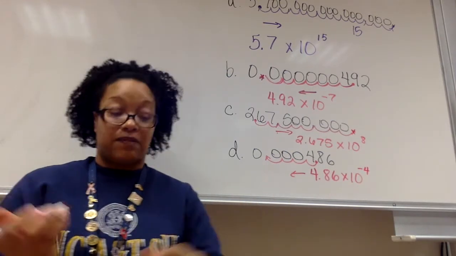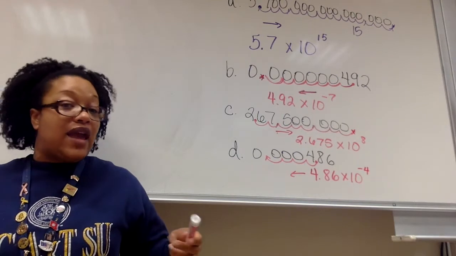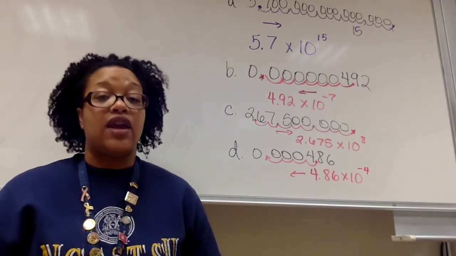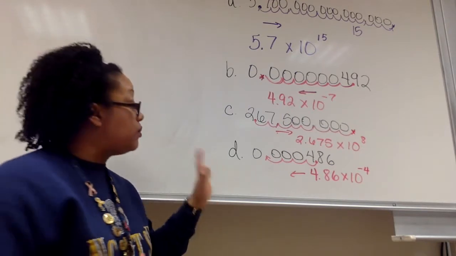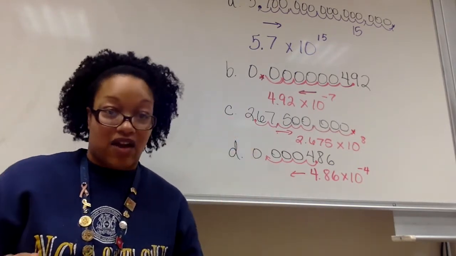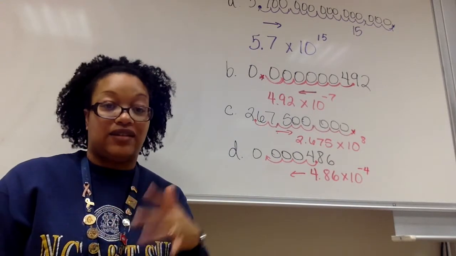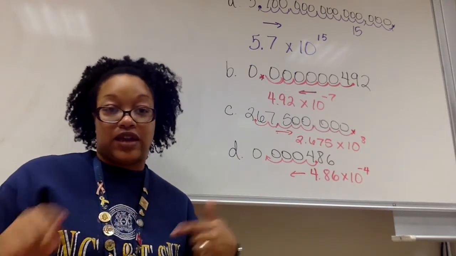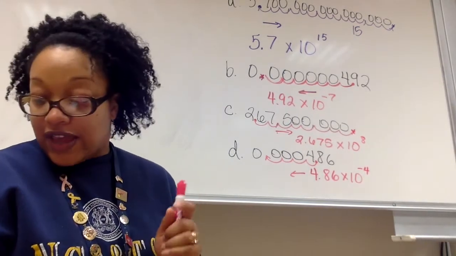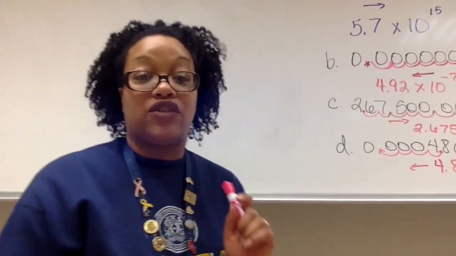Okay? Now, again, if you just learned this in Math 8, this is just a review, trying to get you to remember. If it's new to you, just remember it's the counting that counts. You got to count and remember the direction that you're going in to get to your decimal place, okay? Now, if you look on your notes, the next section is going in the opposite direction.